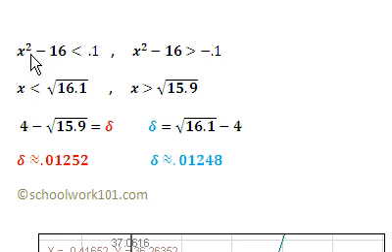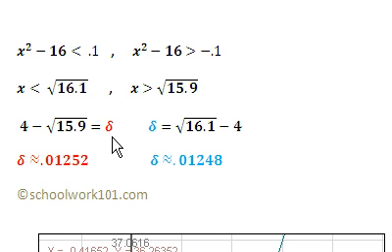Then we bring the 16 to the other side, so it becomes 16.1, and because this is squared, we want to take the square root. Now we're going to use the plus, not the minus side of this. And so this says that x has to be less than the square root of 16.1. And of course this one here says that x must be greater than the square root of 15.9.